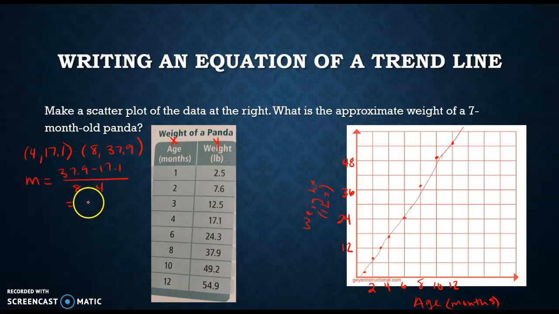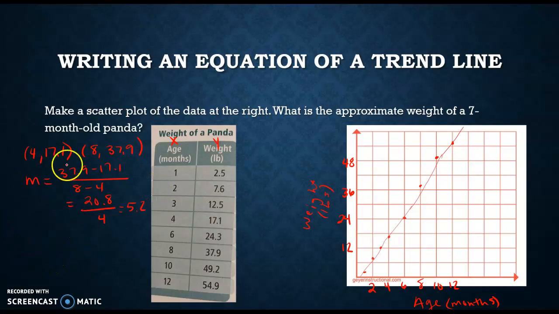And so I'm going to end up with 20.8 over 4. And when I do that division, I'm going to get 5.2. Now, when we do scatter plots and trend lines, we keep them as decimals instead of fractions. It's just the way that it works.